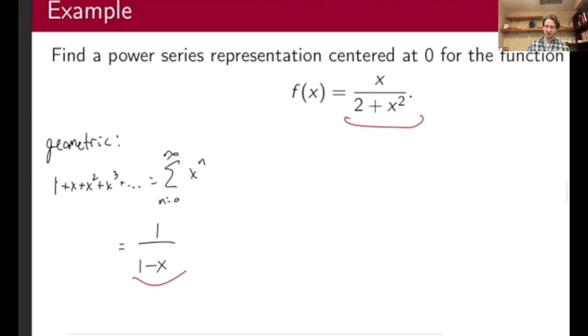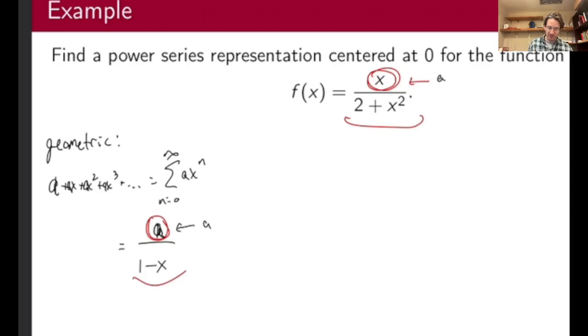So the first differences I notice between what I have here and here are I've got an x up here and a 1 right here. That's not that bad. We can take care of that by recognizing that this up here is actually our first term, a. If I multiply by a in here, then I get a plus ax plus ax squared plus ax cubed.